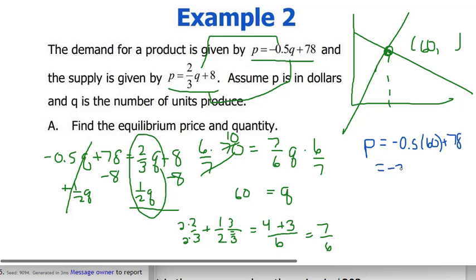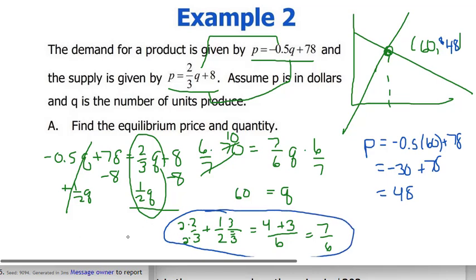So that gives us negative 30, because half of 60 is 30, plus 78. So that's going to give us 48. So our price is $48. Our quantity supplied or demanded is going to be 60 units. Now, if you struggle with doing the arithmetic with fractions, I'm going to show you in a minute how to do that on the calculator.